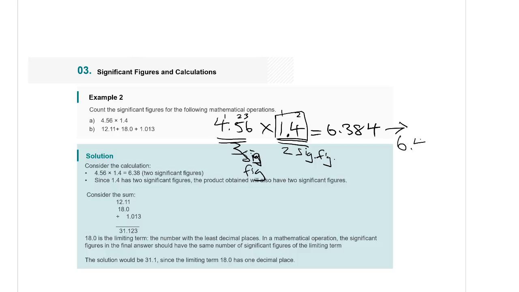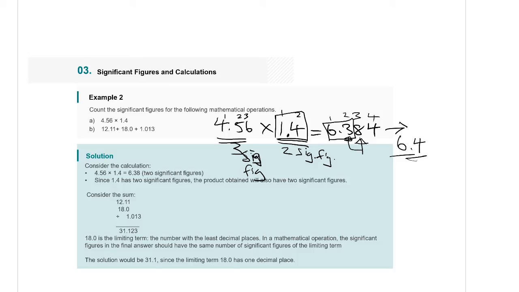So it will be 6.4. We start counting 1, 2, 3, 4 significant figures, and we only want to keep the first 2. We have an 8 after it, so we are going to round up the second number. That's why we have 6.4 as our answer.